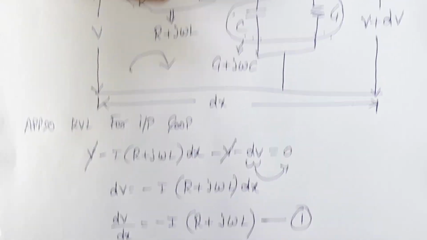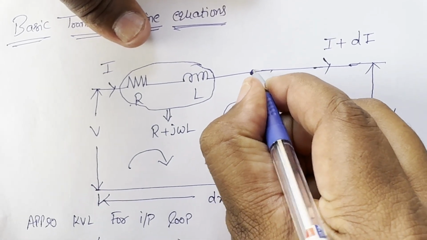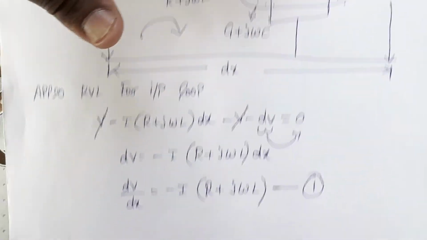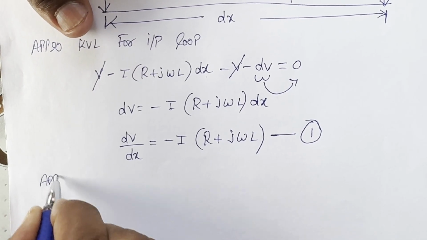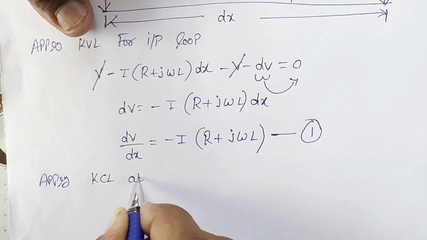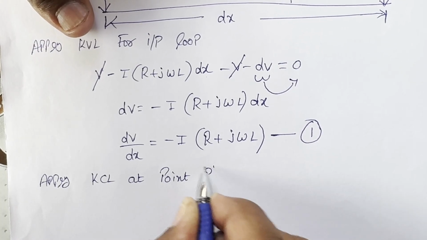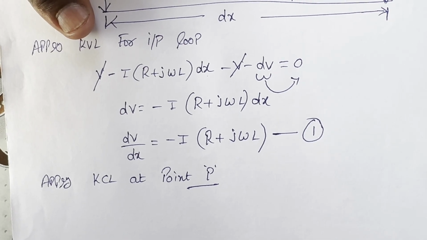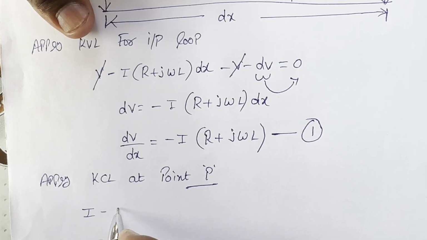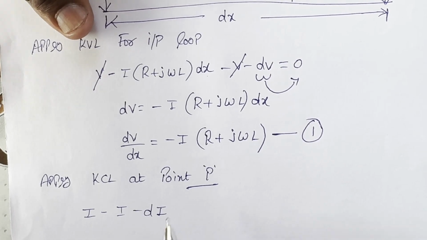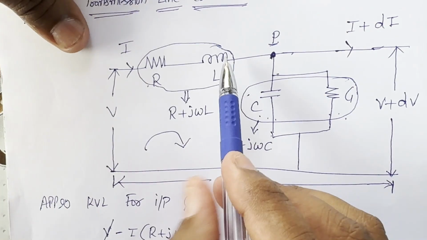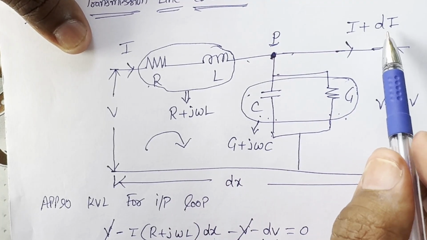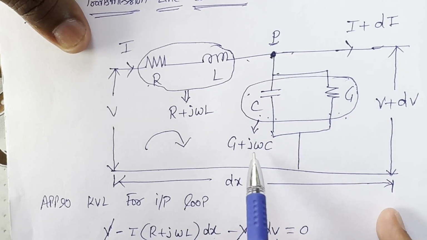Equation number 1. Now in the second step, apply KCL at this point P. At point P, by applying KCL, I is the incoming current and the outgoing current is I plus dI, and at the same time current flows through the shunt admittance.